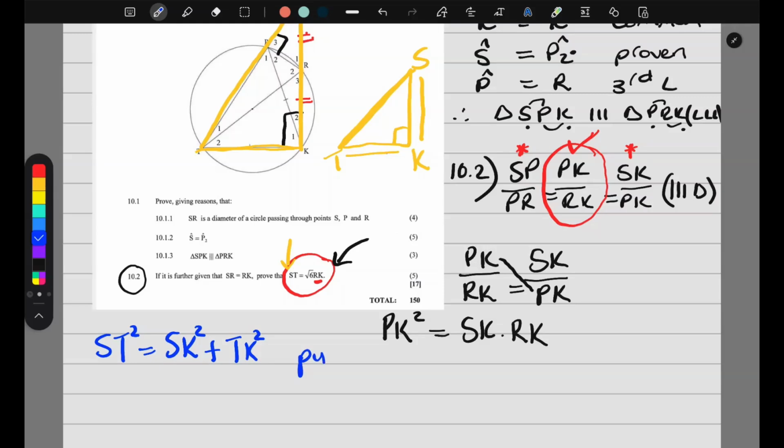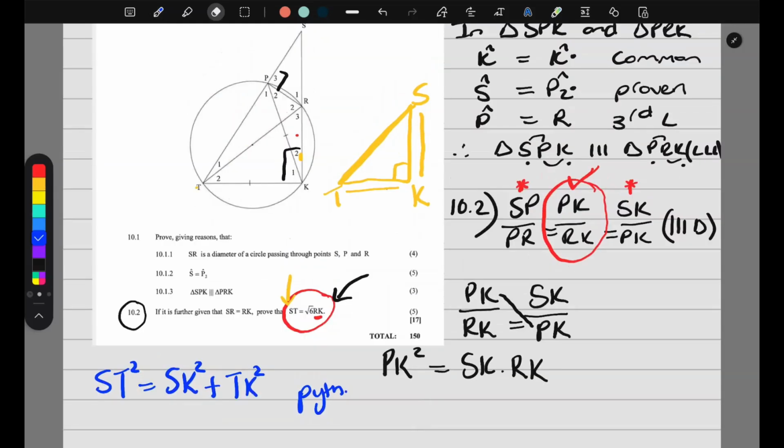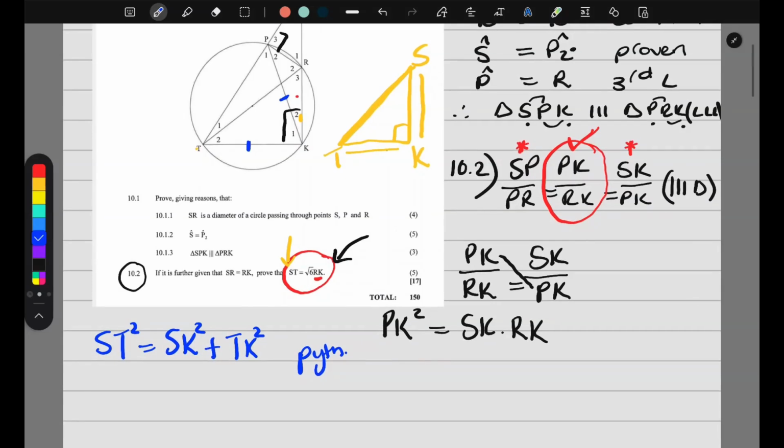And that is Pythag. In the diagram, do you see that TK, this line, it was given that it's the same length as PK. So let's write, but TK is equal to PK.